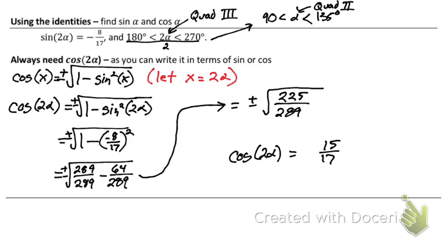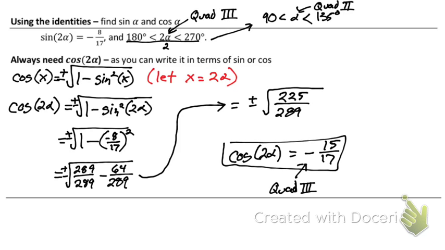Now I'm going to look here and say 2 alpha is in quadrant 3. All students take tangents positive, so cosine must be negative because we are in quadrant 3. That's not my sine alpha, that's not my cosine alpha, but it is the key to get to both of those.